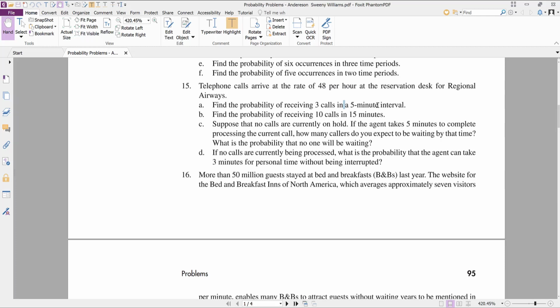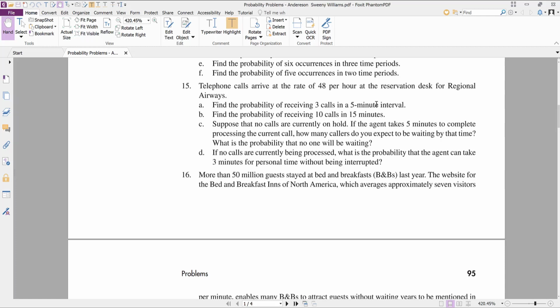So what we do is, if we calculate this, we can say it will be 48 calls per 60 minutes, and that's equal to 48 divided by 60, which is 0.8 calls per minute. And with that perspective, 5 minutes: 5 multiplied by 0.8 should be equal to 4 calls.